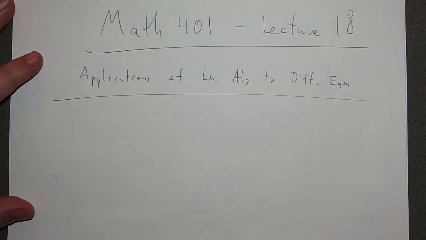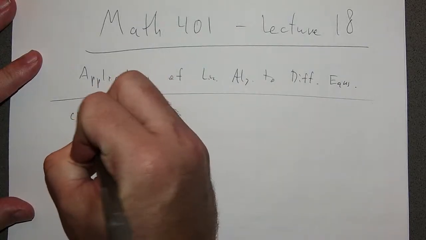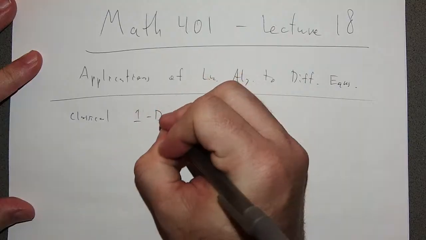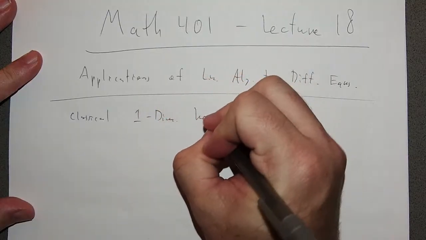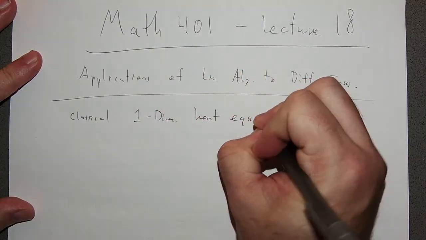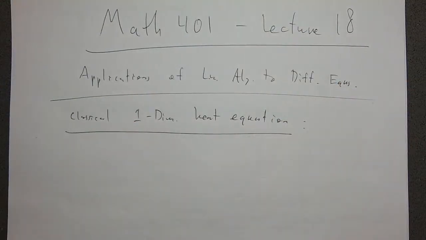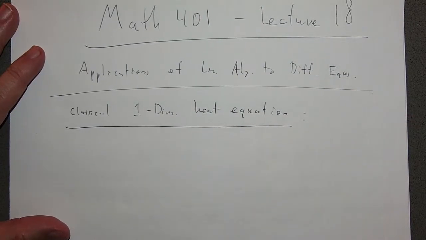So what we're going to start out with is a classical one-dimensional heat equation. You could also consider this the diffusion equation. It's just that here the thing being diffused is heat. So what is the 1D heat equation?